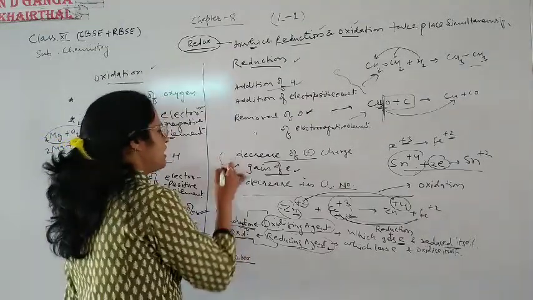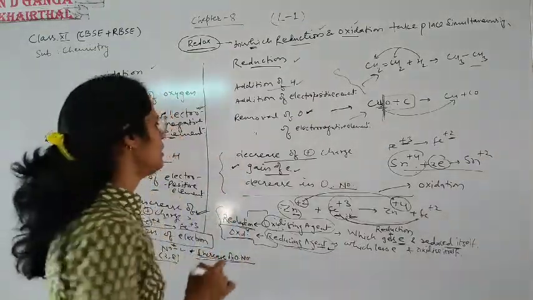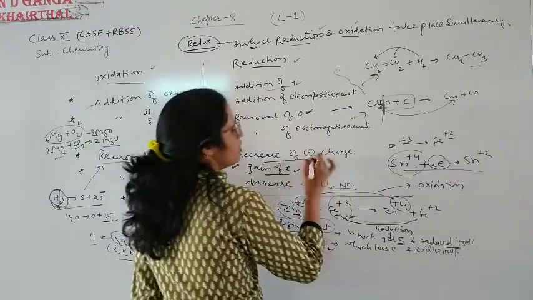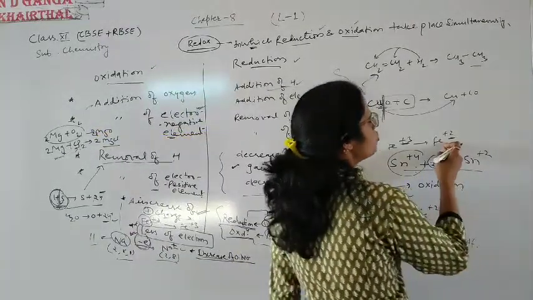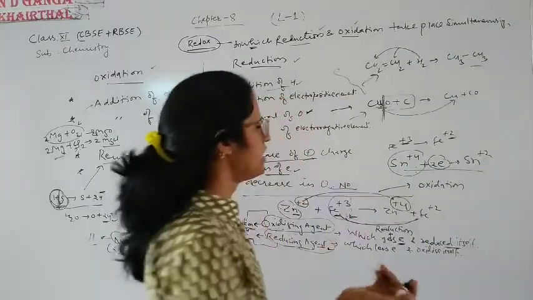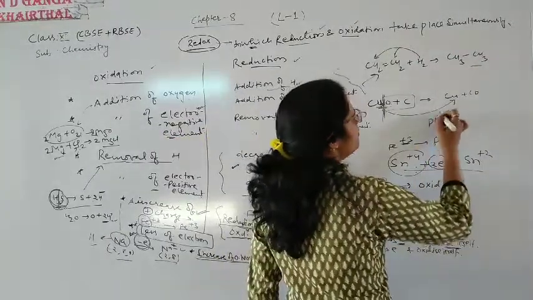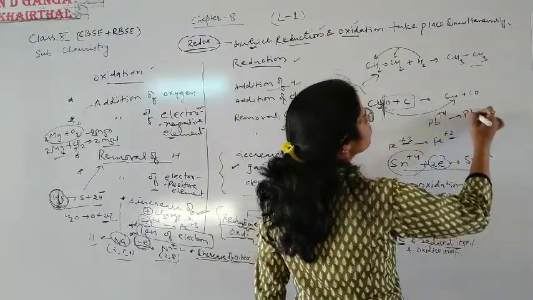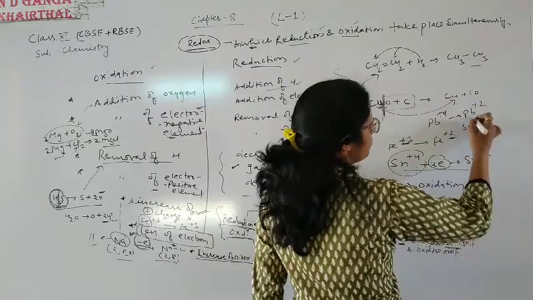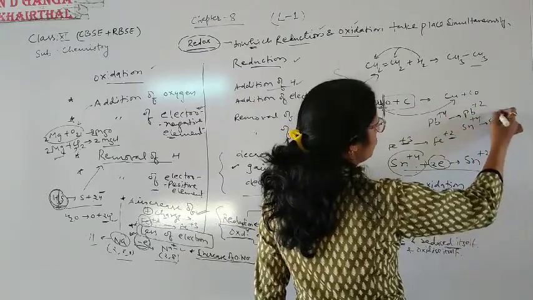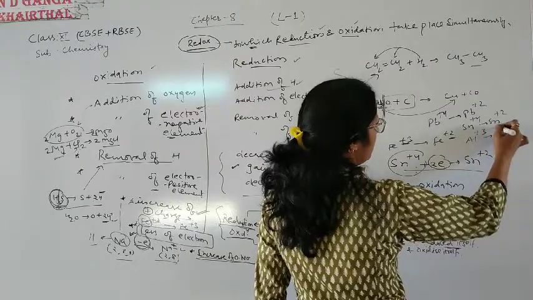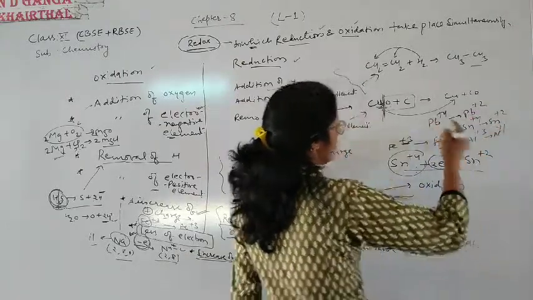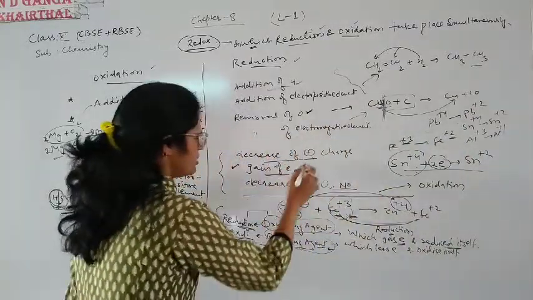Now come to other definitions which are new. Decrease of positive charge. If +3 is converting into +2, or for example, if Pb+4 is converting into Pb+2, if Sn+4 is converting into Sn+2, if Al+3 is converting into Al+1, in all cases there is a decrease of positive charge.